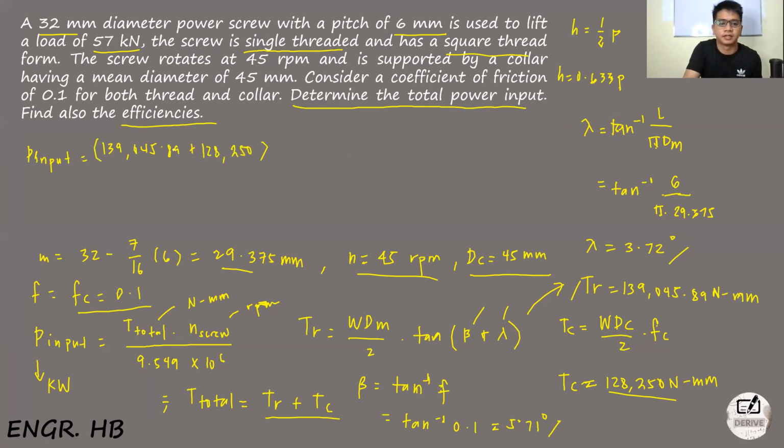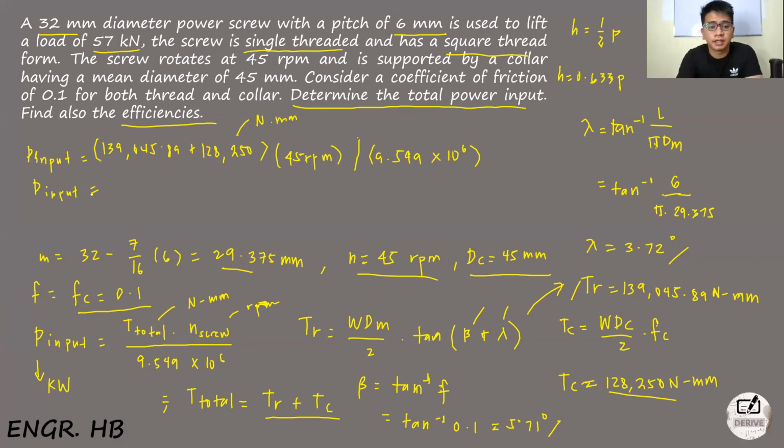Multiply daw natin ng, of course, ito, Newton mm na yan. Multiply natin ng 45 RPM divided by 9.549. That will give you a power input in kilowatts.